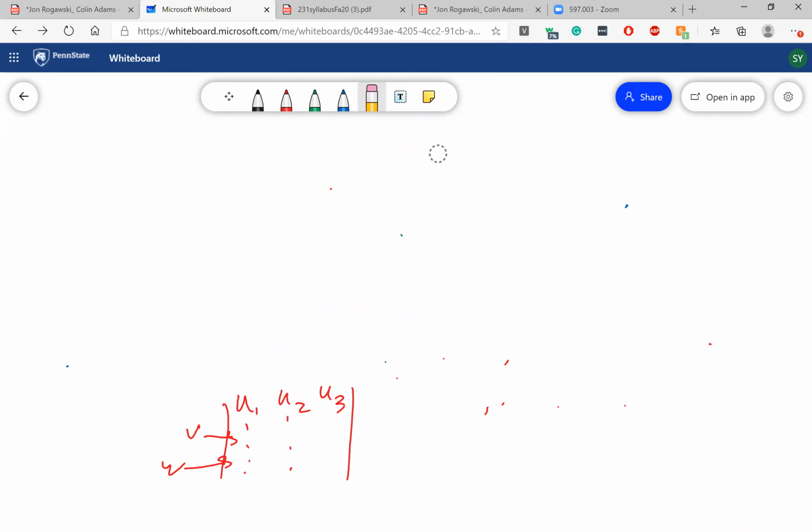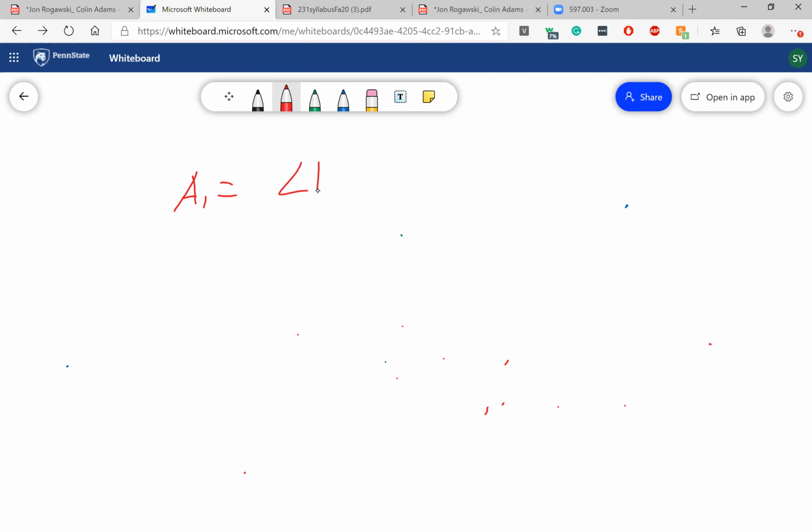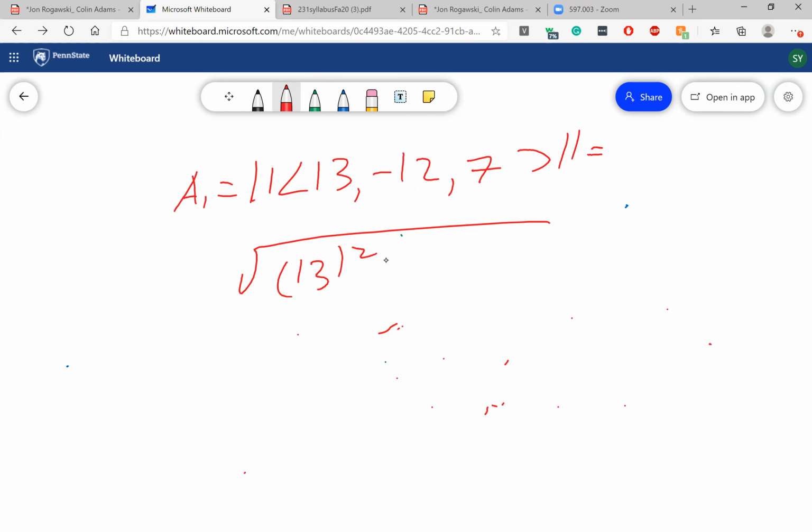Now my area is going to be equal to the magnitude of 13, negative 12, and 7, which is the square root of 13 squared plus negative 12 squared plus 7 squared.